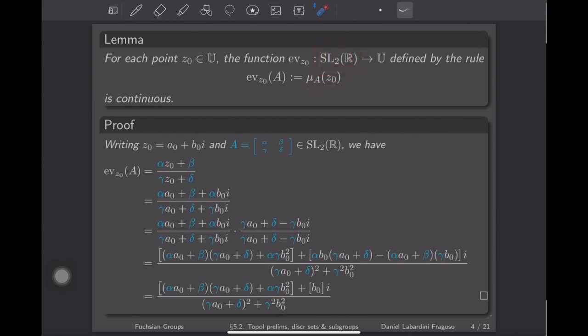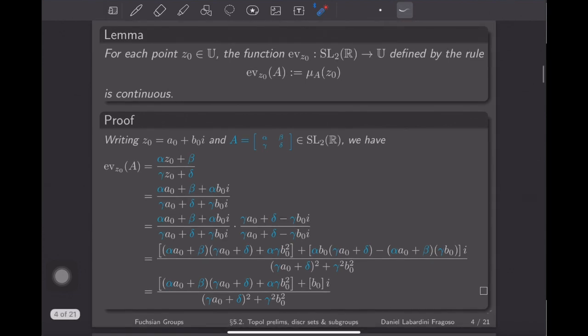Right? And the lemma is that this assignment is continuous, and the proof is, I would say, more or less routine. So it goes along this way. Let's write our point z0 as its real part plus i times its imaginary part, and then one takes any element of the domain here, right?